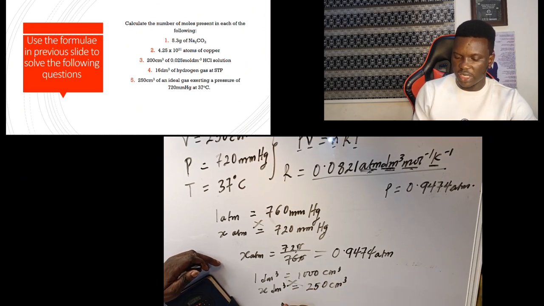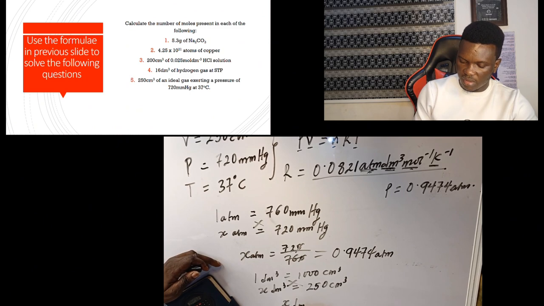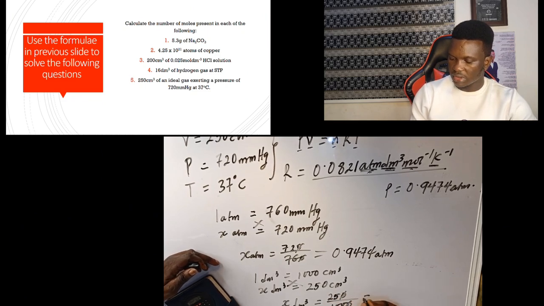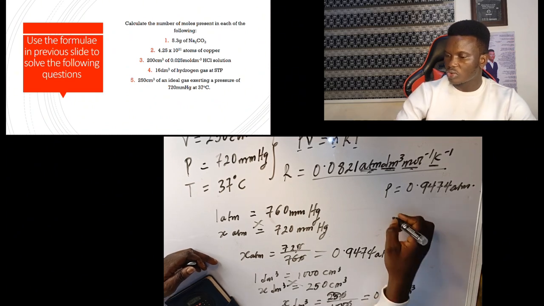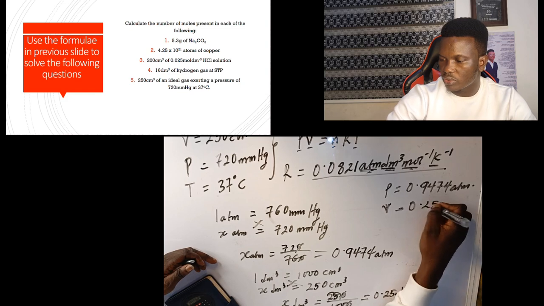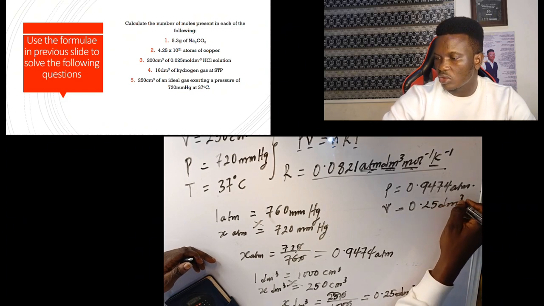You cross multiply. So your x in dm cube is going to be 250 divided by 1000, which is 0.25 dm cube. So the volume, as we converted, is 0.25 decimeter cube.